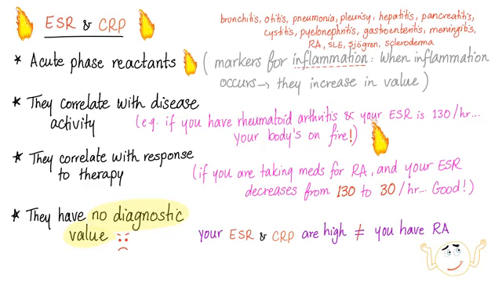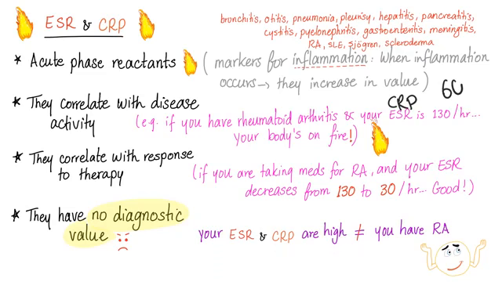It could be bronchitis, otitis, pneumonia, pleurisy, hepatitis, pancreatitis, cystitis, pyelonephritis, gastroenteritis, meningitis, rheumatoid arthritis, systemic lupus erythematosus, Sjogren syndrome, and scleroderma, and others. They correlate with disease activity, which means if you have rheumatoid arthritis and your ESR is 130, let's say your CRP, the normal value is like less than 3, it's, I don't know, let's call it 60.